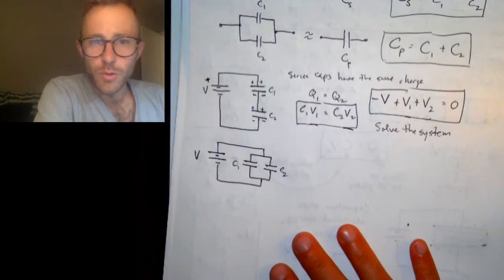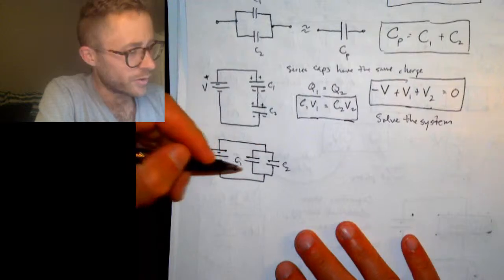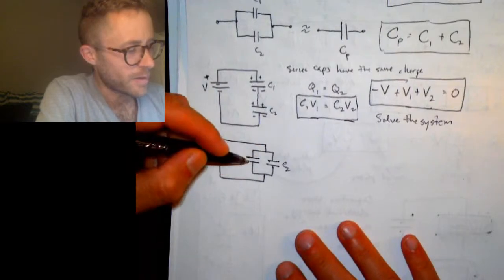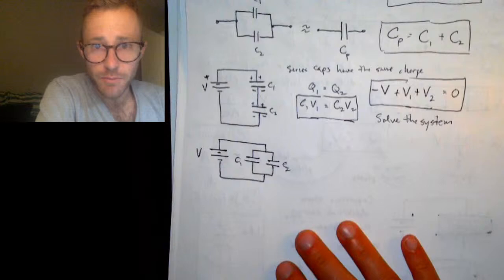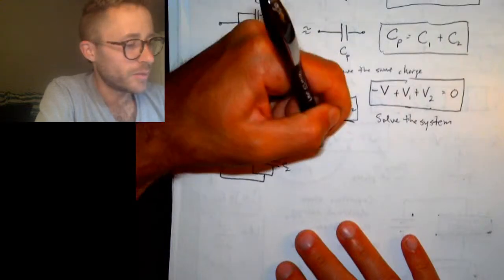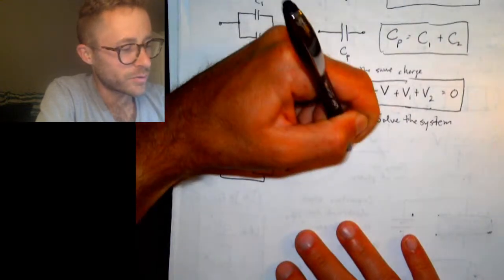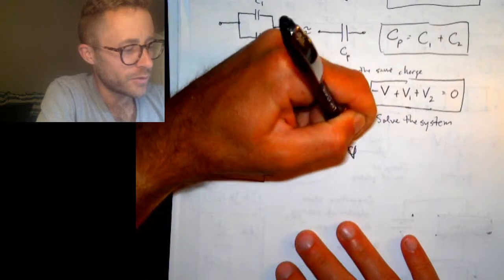Now, one of the things I told you guys was that things that are in parallel have the same voltage. So that means that V1 equals V2.